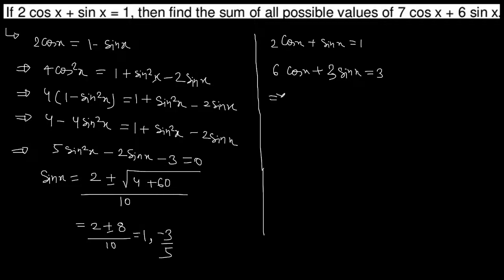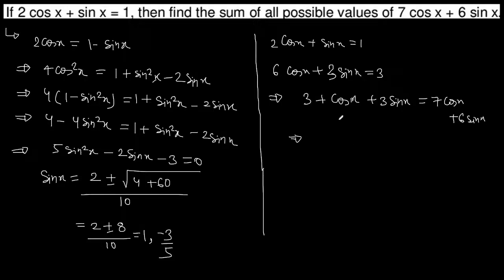In this place, if you substitute this value, it is nothing but 3 plus cos x plus 3 sin x. This is equal to 7 cos x plus 6 sin x.